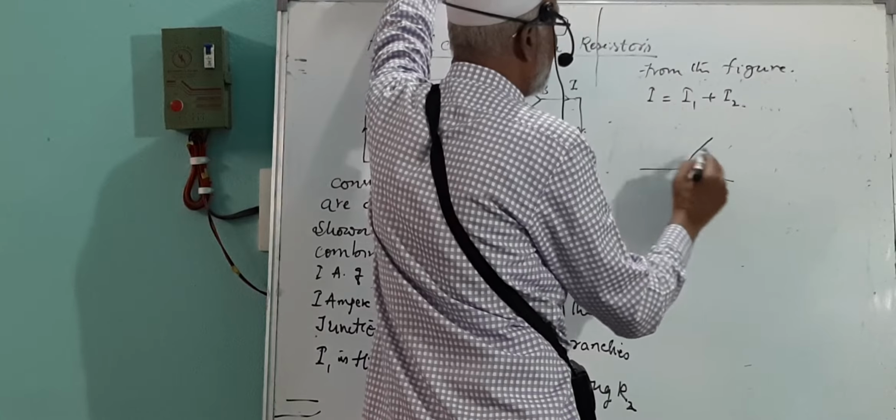On summing, 50 plus 50 gives 100. Likewise, main current is equal to the sum of the branch currents. From the figure you have drawn the conclusion that the main current is always equal to the sum of the branch currents.